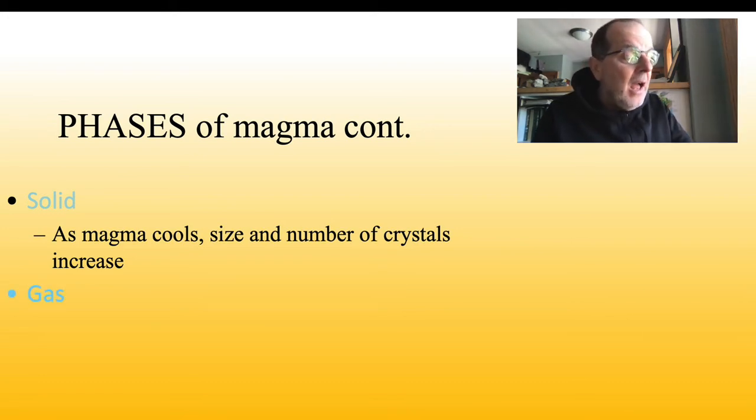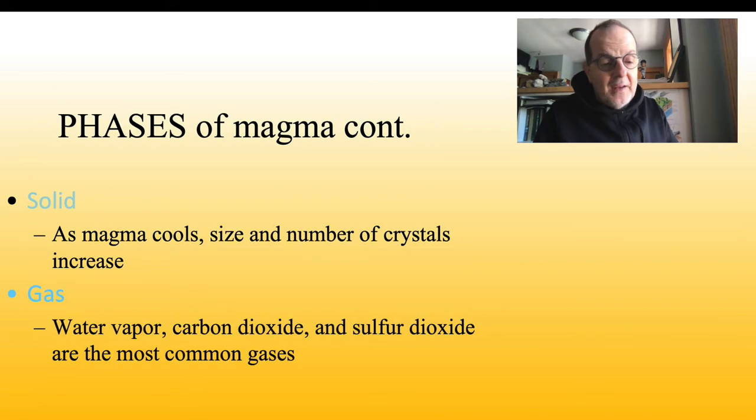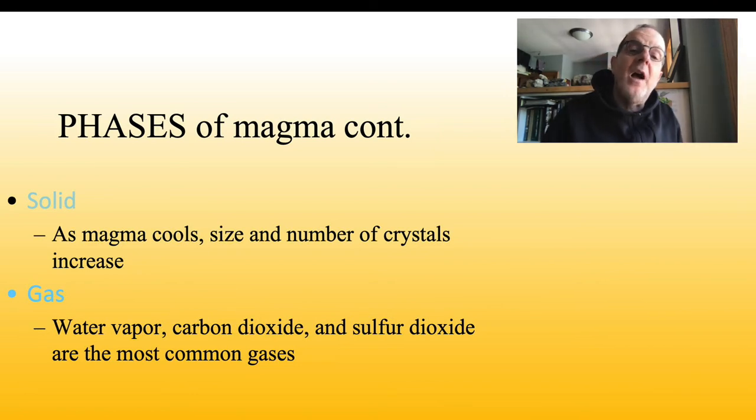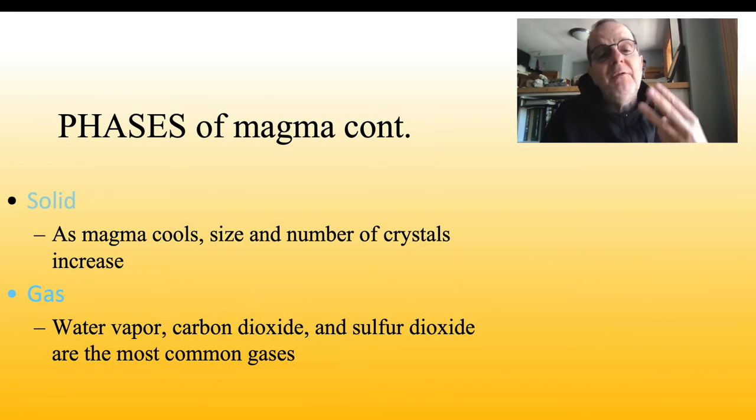And of course, any magma or lava is releasing gas. Some of those gases would include water vapor, carbon dioxide, sulfur dioxide, the most common released by lava or magma. So all three phases are involved in a melt, either deep in the earth, magma, or near the surface, lava.